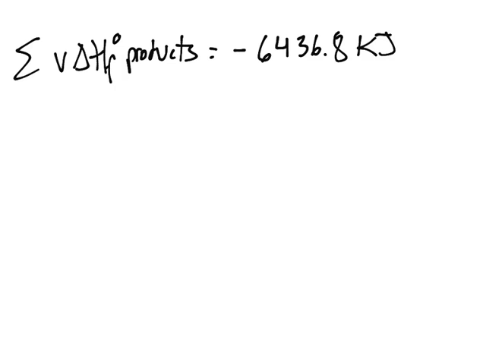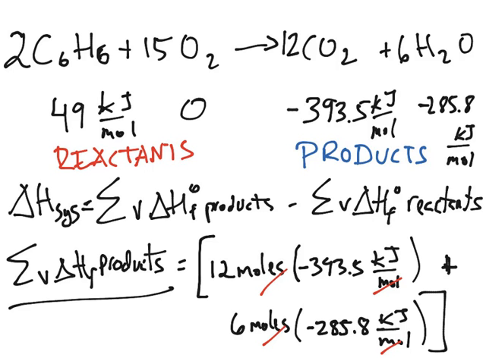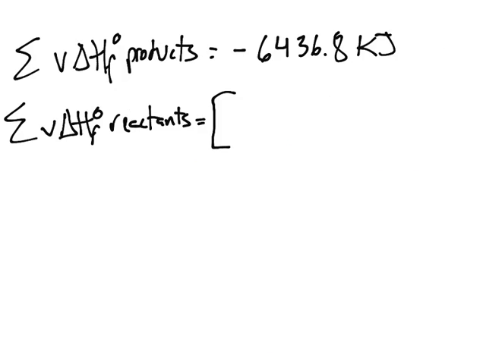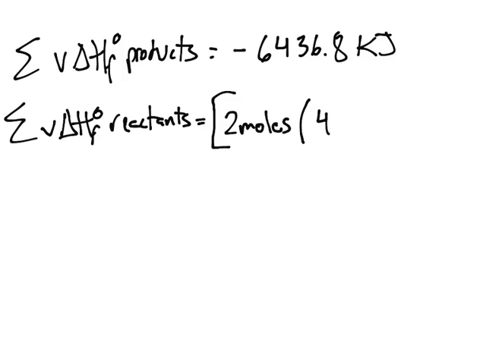Now we have to find the reactants. So delta HF of the reactants is going to be equal to, we do the same, we open brackets, and let's go back to our equation. Our first reactant is benzene, and we have 2 moles of it. So 2 moles times its enthalpy of formation, 49 kilojoules per mole. This goes with this.